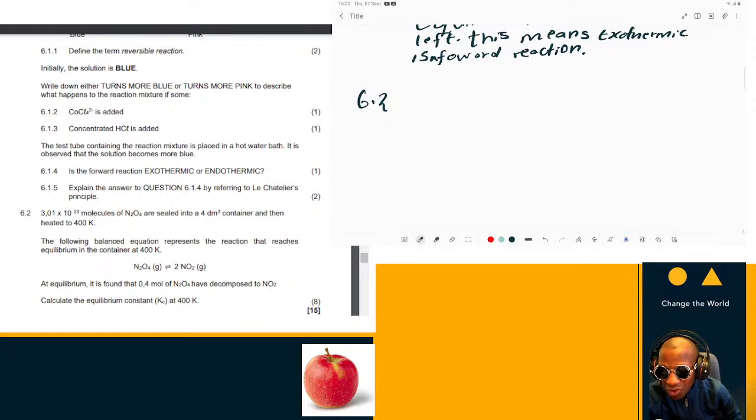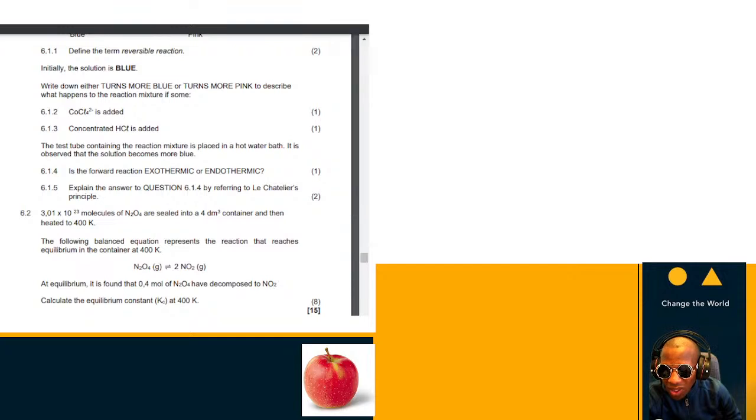because at equilibrium, guys, you have to know that the number of moles of the reactants is not equal to the number of moles of the products, which means we start with the higher number of moles.